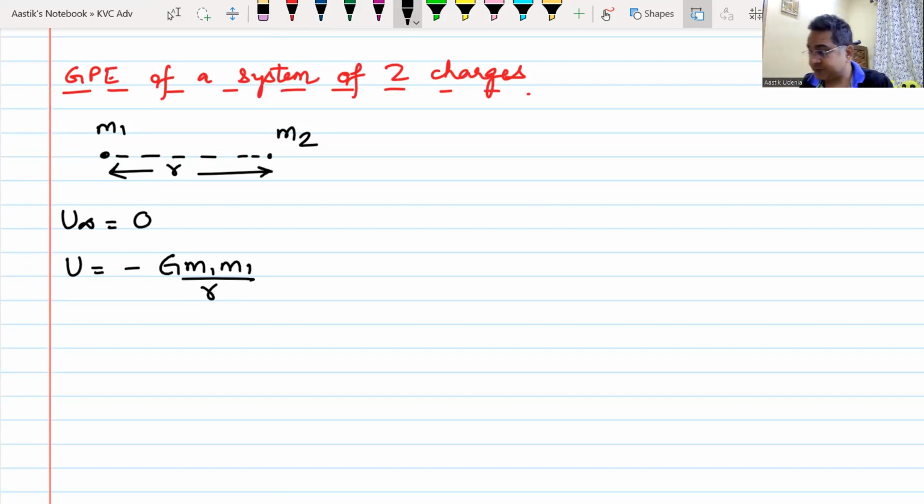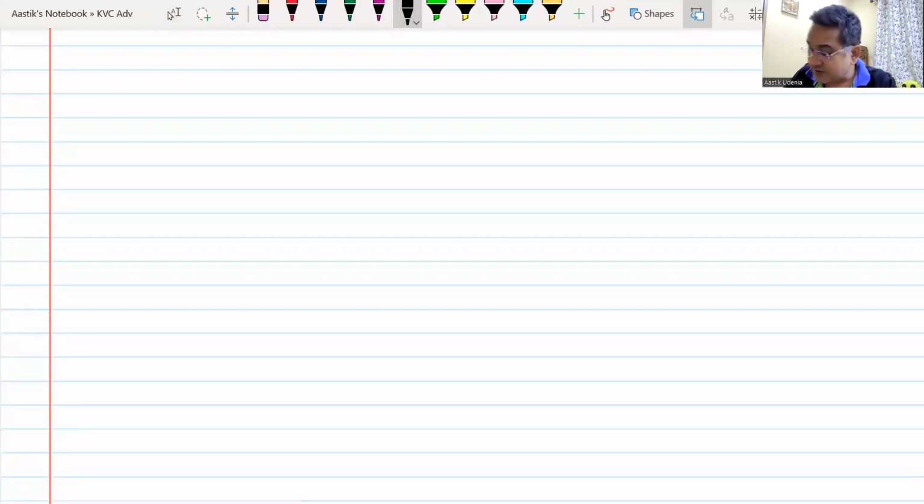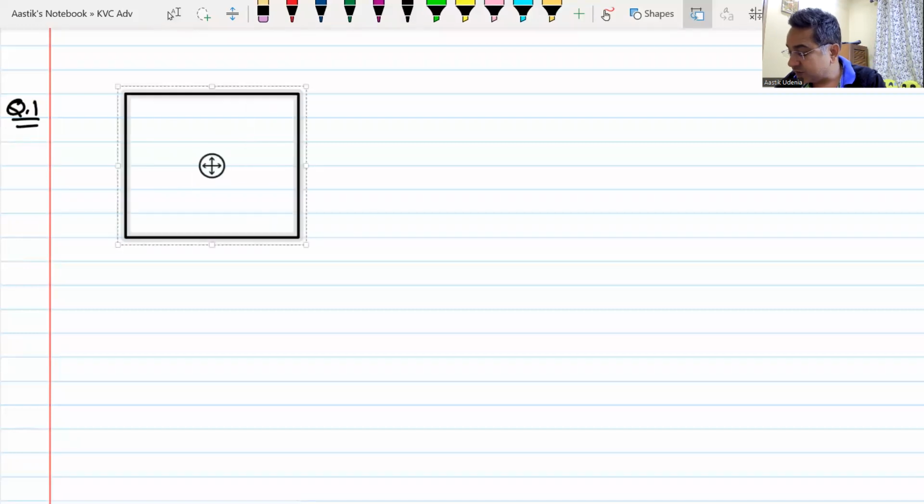Now, if you have more than two charges, how will you find the gravitational potential energy of that system? So I'll give you a question, and based on that question, you can tell me what will be the gravitational potential energy of this system. We will be doing more questions on this. Don't worry.